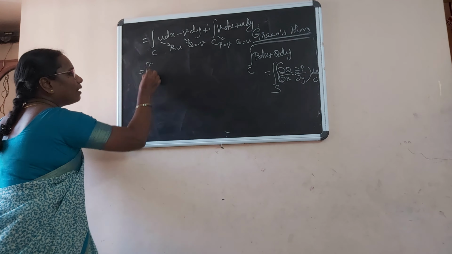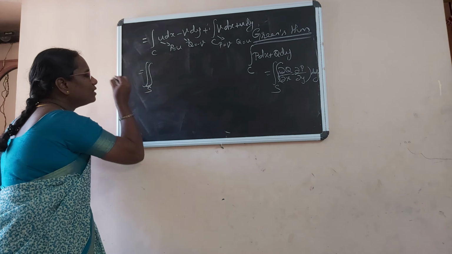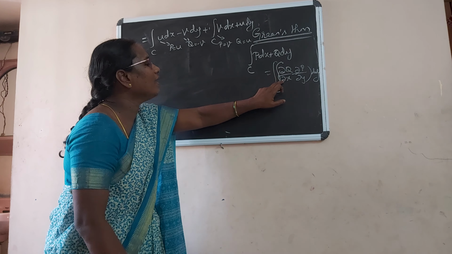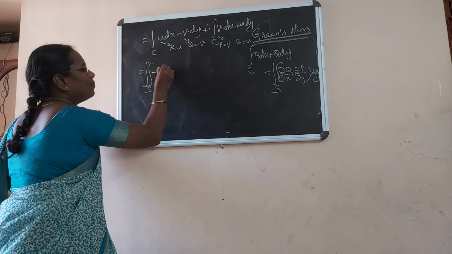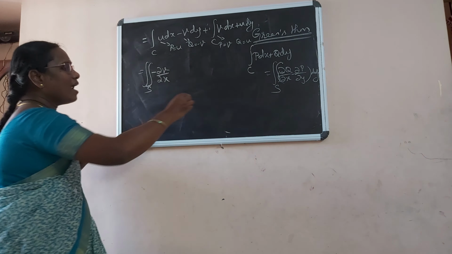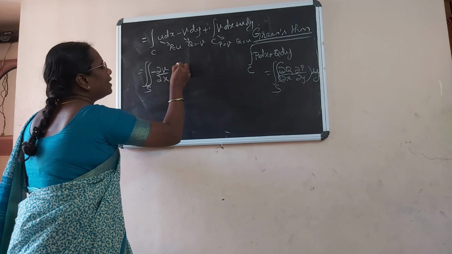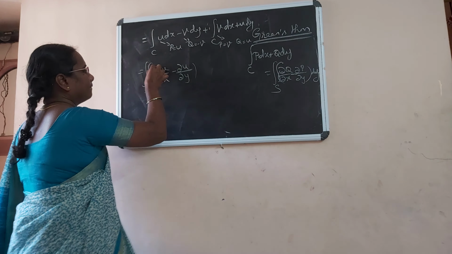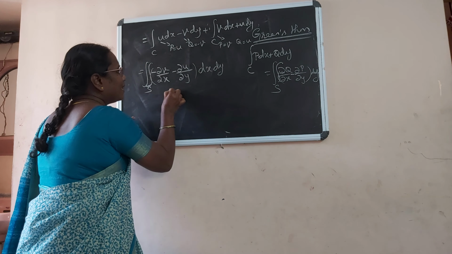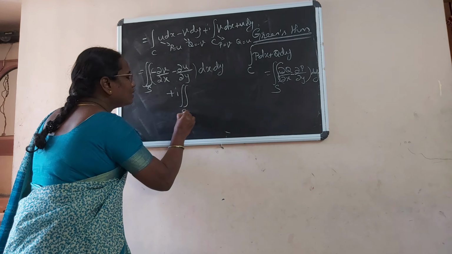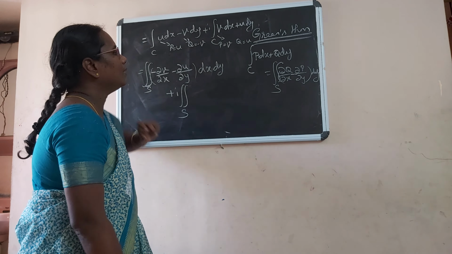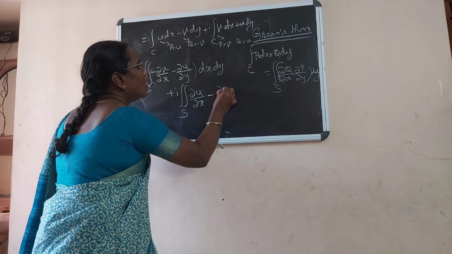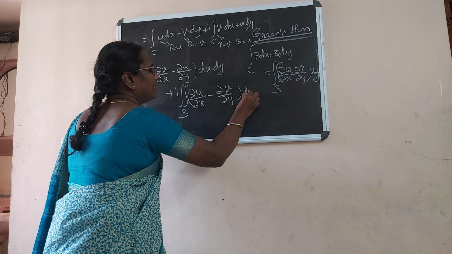So we get the double integral over the surface S, where p is u and q is minus v, so dou q by dou x is minus dou v by dou x, and minus dou p by dou y is minus dou u by dou y, into dx dy, plus i times the double integral over the surface S, where p is v and q is u, so dou u by dou x minus dou v by dou y, into dx dy.